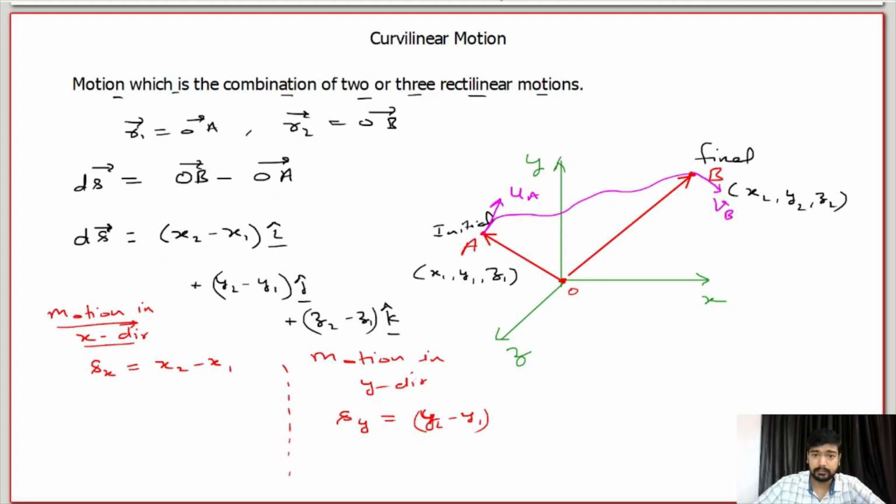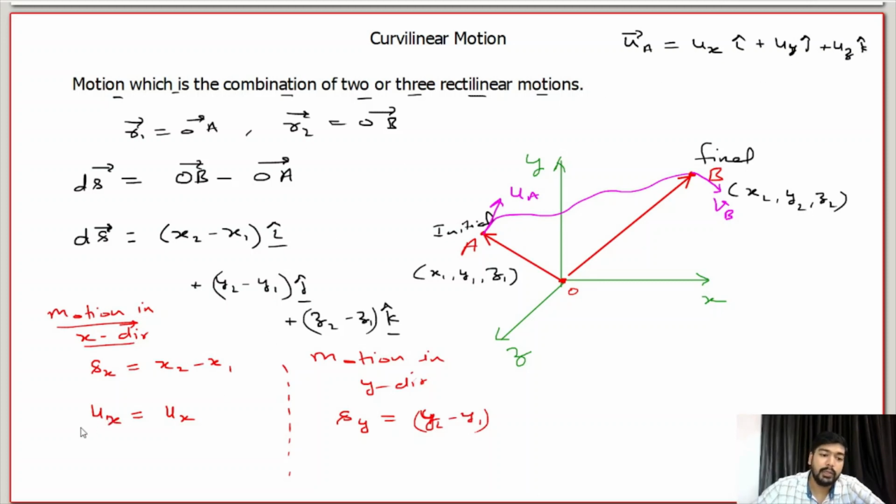I will take ua as ux i cap plus uy j cap plus uz k cap.